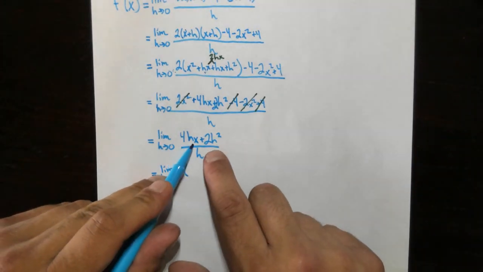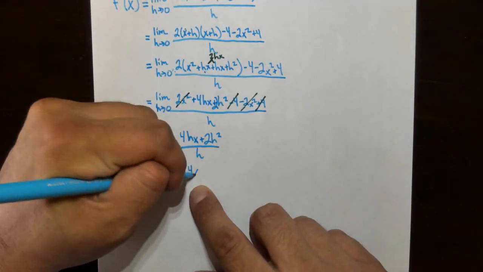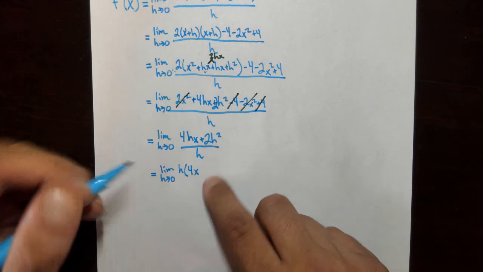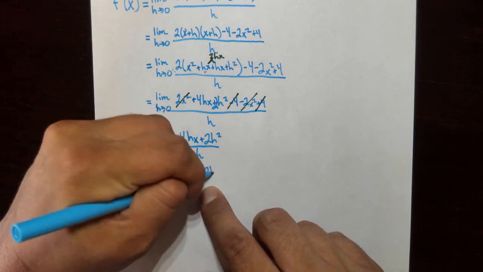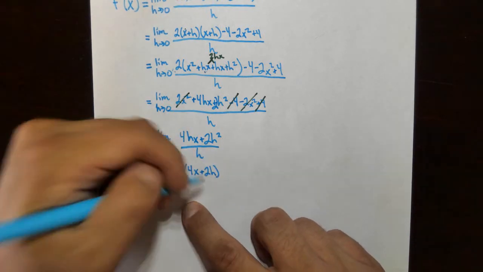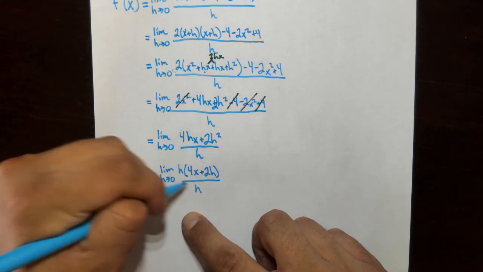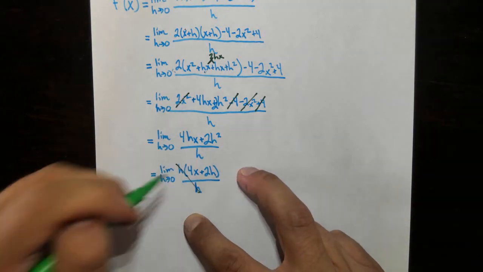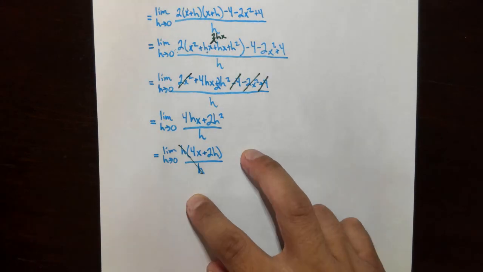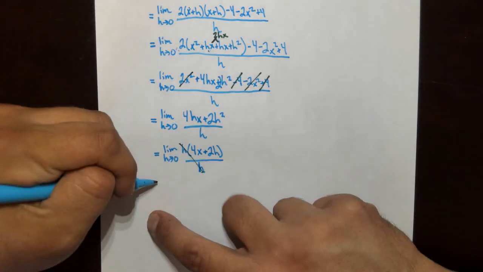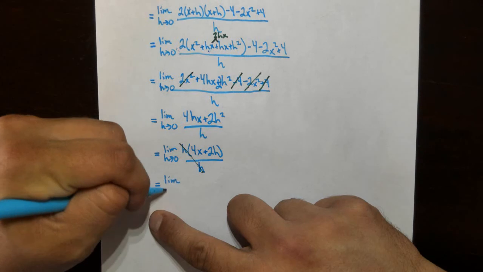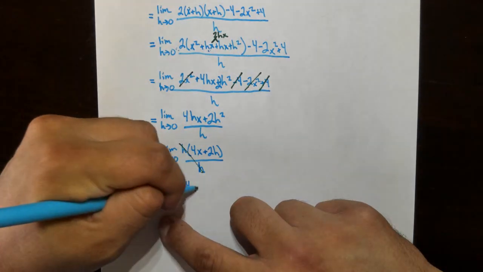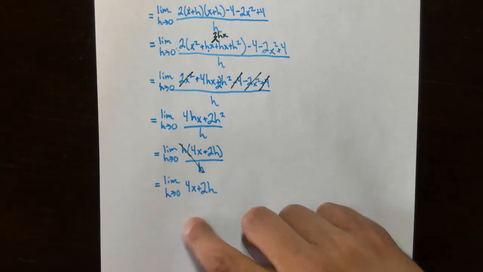So 4hx divided by h is just 4x. And then 2h squared is just going to be plus 2h. So the second h is out here, divided by h. And then now we can cancel those out. So really, this is the limit as h approaches 0 of 4x plus 2h.